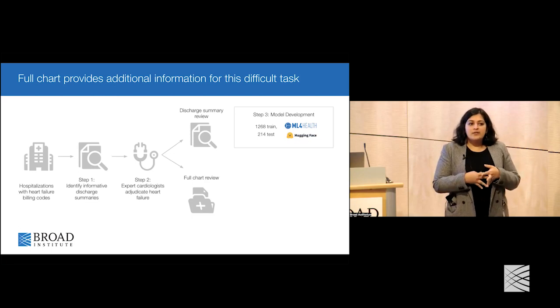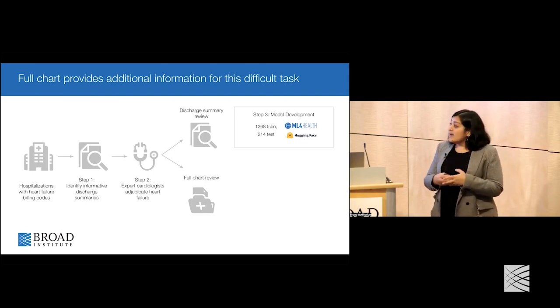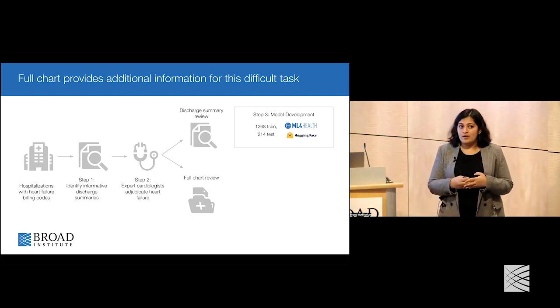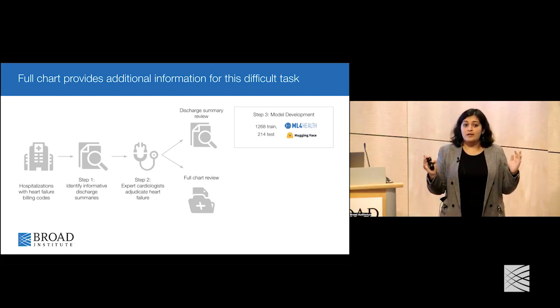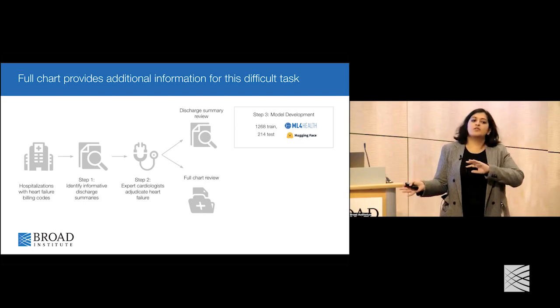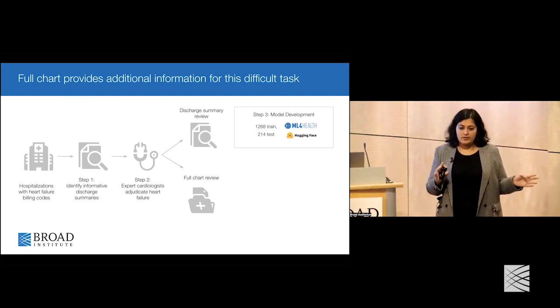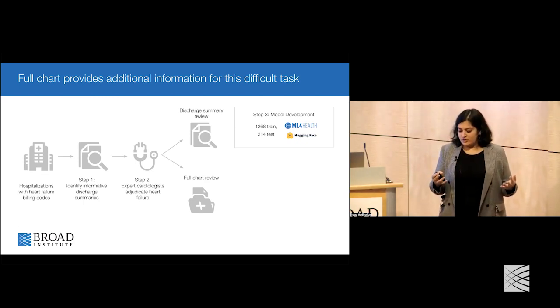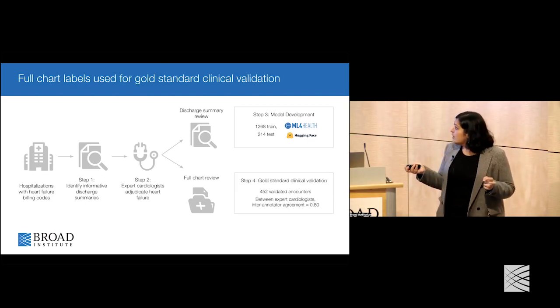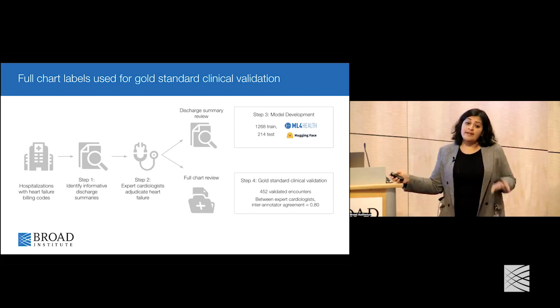And so to make sure that our model is actually working, we have some hospitalizations where the cardiologist went in and looked not only at the discharge summary, but also at all of the other information available in the EHR to make their decision. So this is a more gold standard expert label, and we use this for clinical validation.